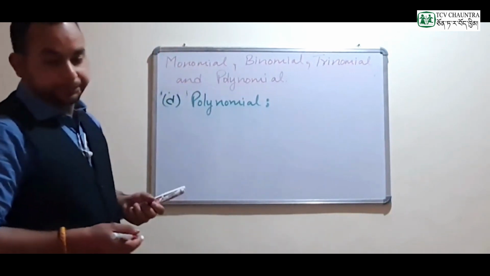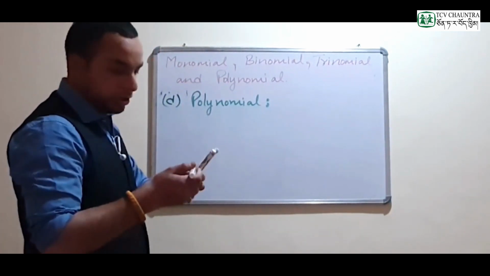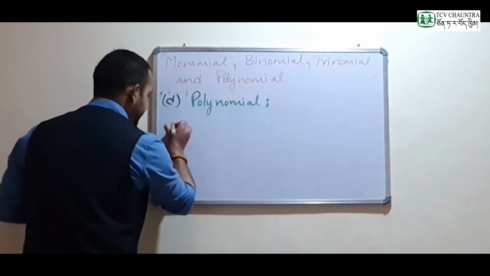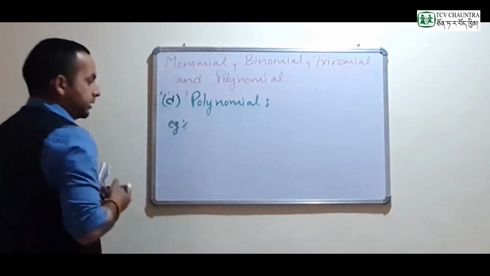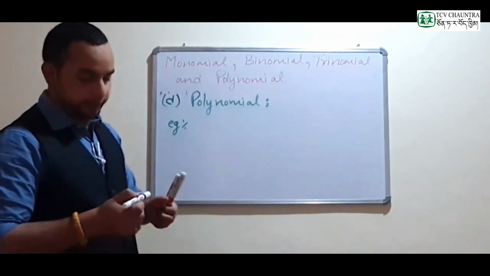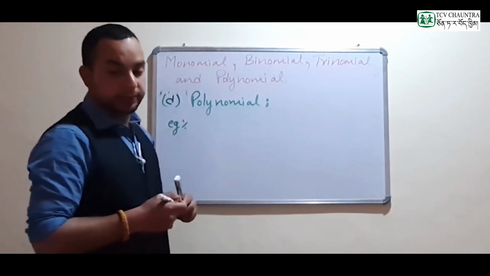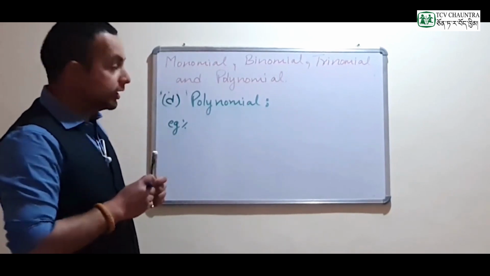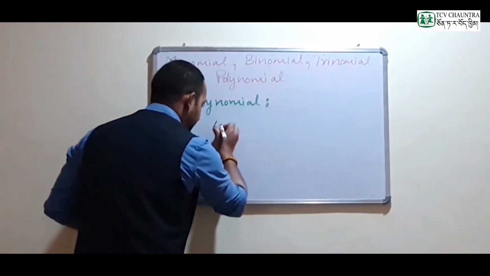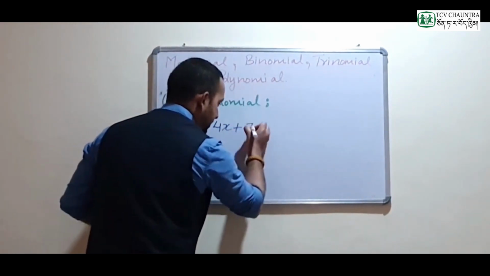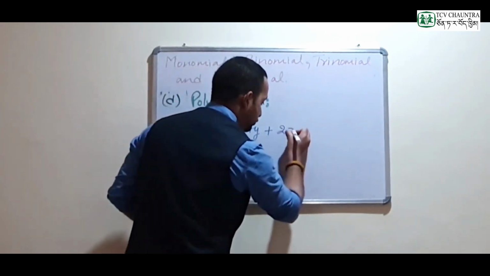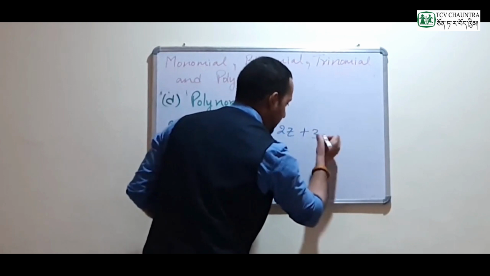Okay, monomial, binomial, trinomial all come under the polynomial, right? First thing, all the monomial, binomial, trinomials come under the polynomial. Now I'll give you an example. For example, 4x plus 7y plus 2z plus 3.